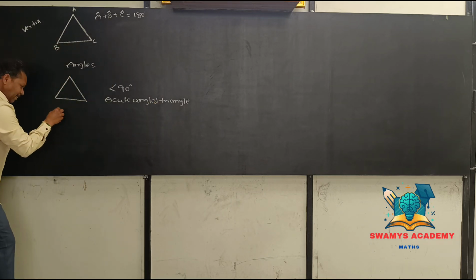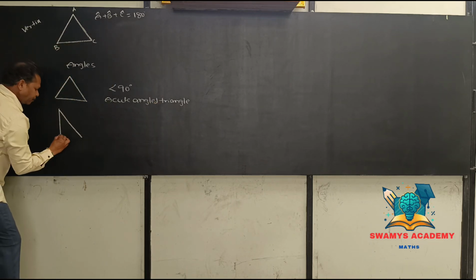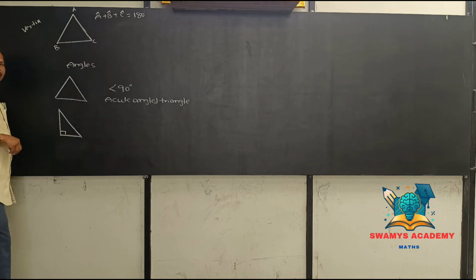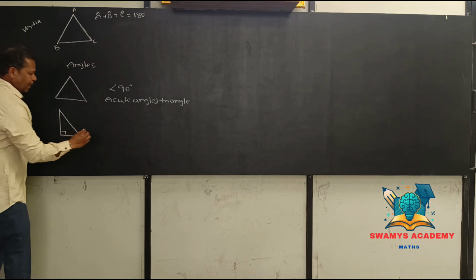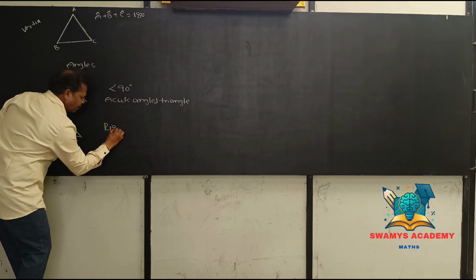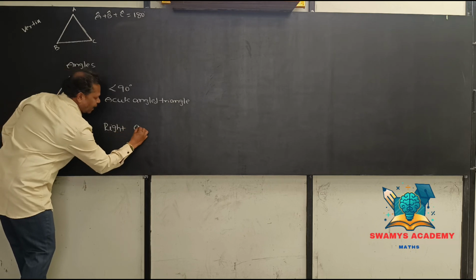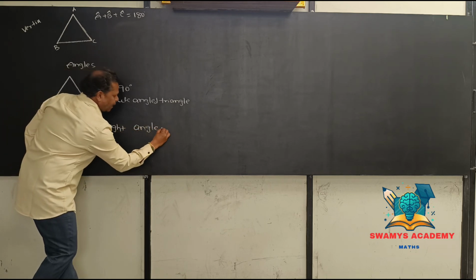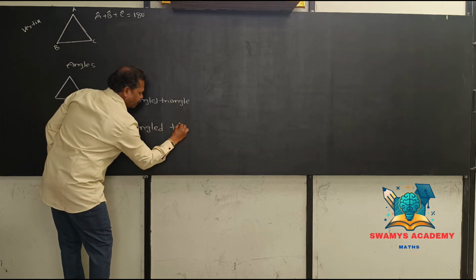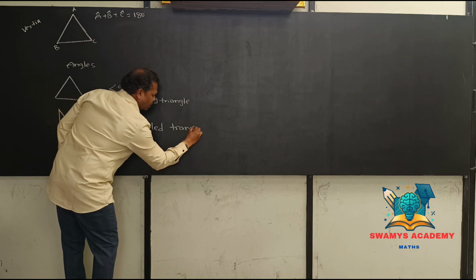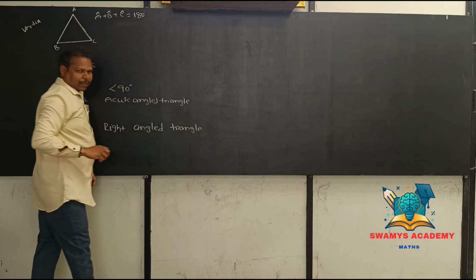If it is exactly 90 degrees, that we call a right angle triangle.